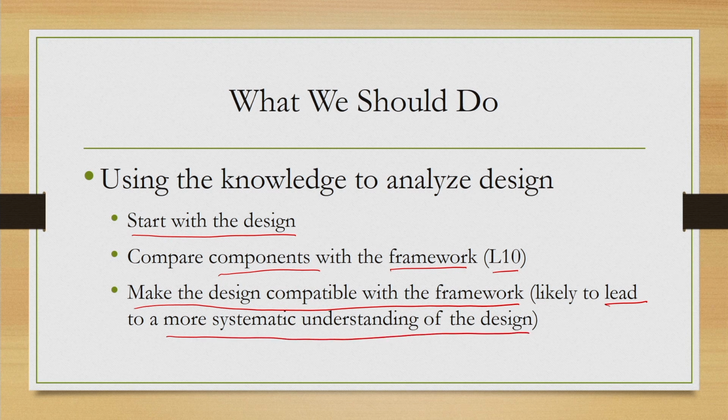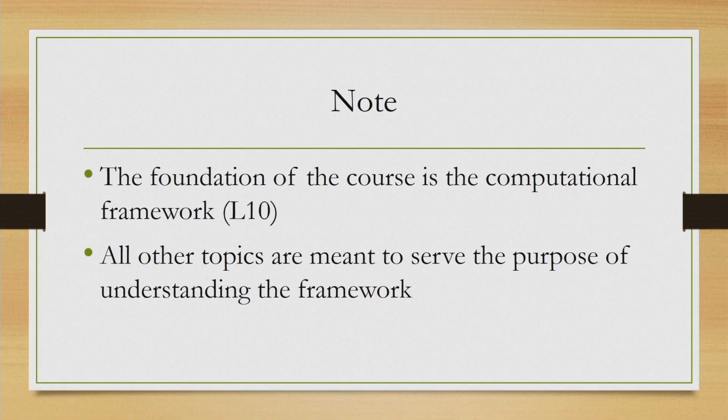So, that is our overall objective. When we know of the framework, we can think of the design in a more systematic way. We can think of building a system in a more systematic and clearer way. So, essentially that is a conceptual clarity that the framework brings to our thinking of the design process.